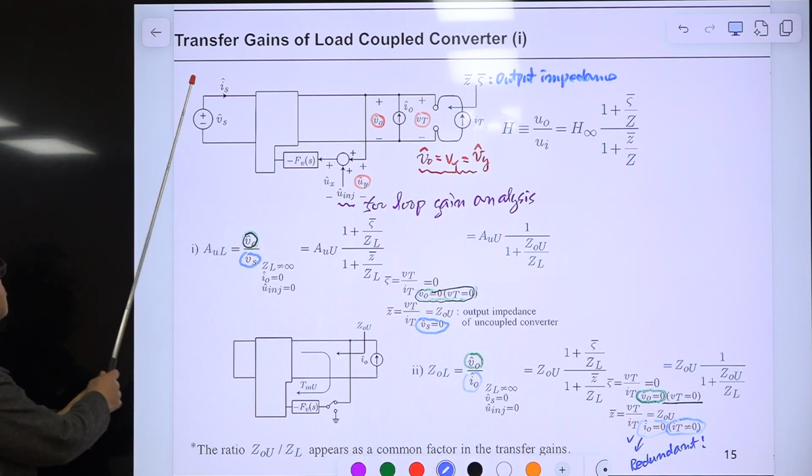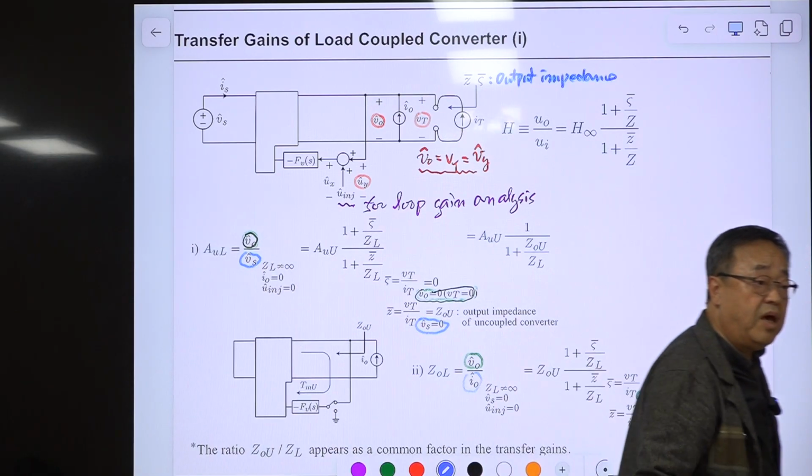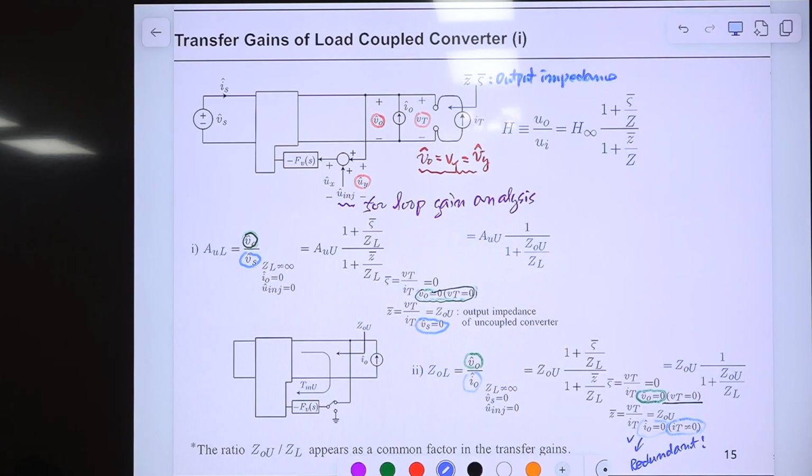Input is 0. So this is just shorted, and you are looking at this converter at the output. That is the regular output impedance of the uncoupled converter. So the result is this: the audio susceptibility, or input to output transfer function of the uncoupled converter, times 1 divided by 1 plus this one.